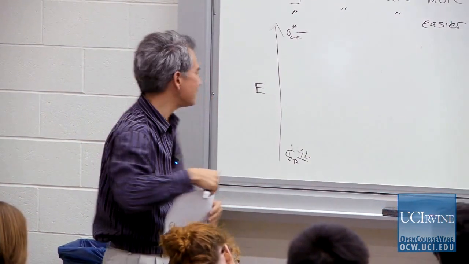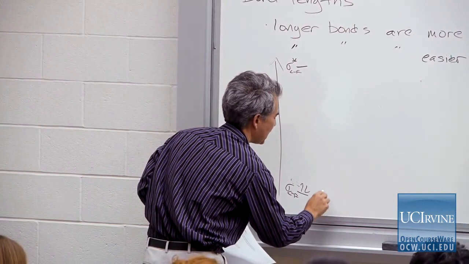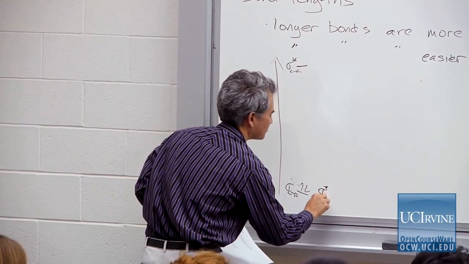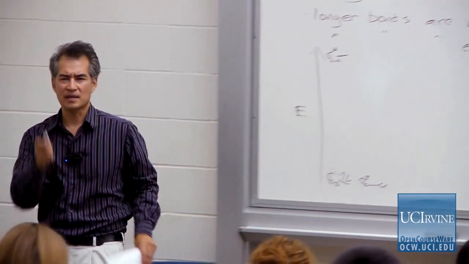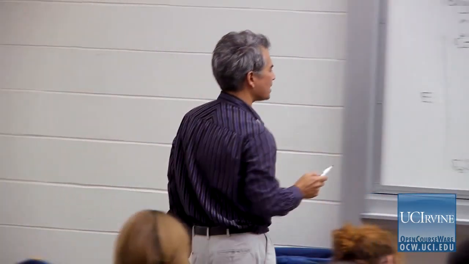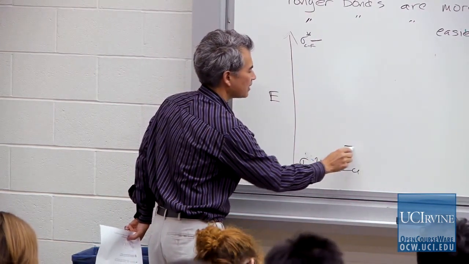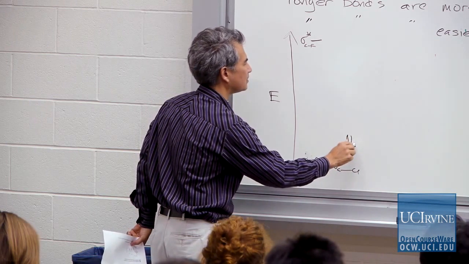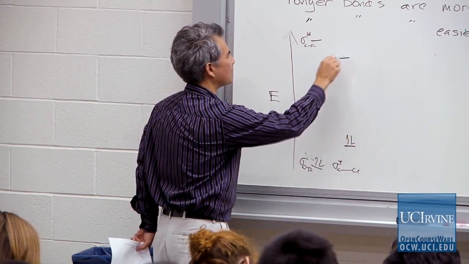Orbitals interact less effectively when they're farther away. When I go to a carbon-chlorine bond, I'll try to distort this and make that look really long, because that's the way I'd like you to remember that bond. When I go to a longer bond, the overlap between this carbon and chlorine is poorer, and so I get a weaker bond. And because that bond is weaker, it's easier to break.